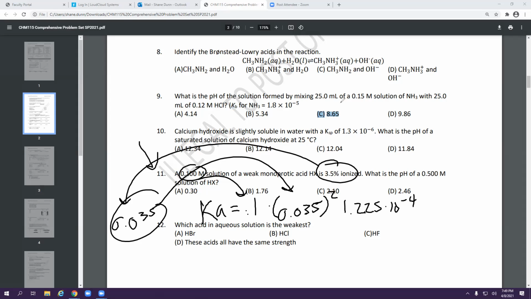Now that I have Ka, here's the weird one we're going to use. We're going to use pH is equal to 1/2 pKa minus the log of HA. You weren't taught to do this one.